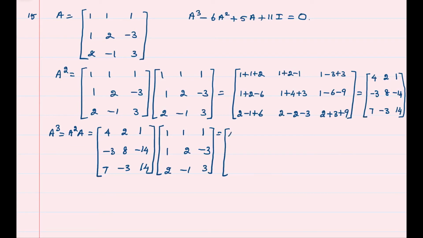First row into first column, first row into second column, first row into third column. Second row into first column, second row into second column, second row into third column.